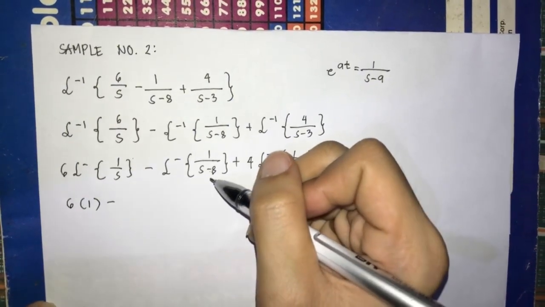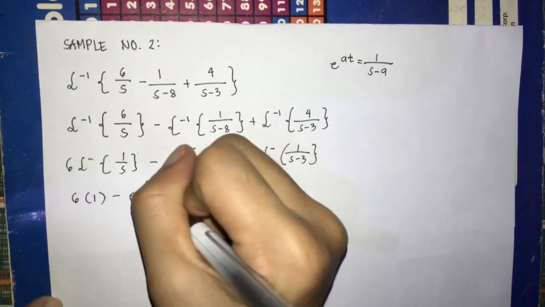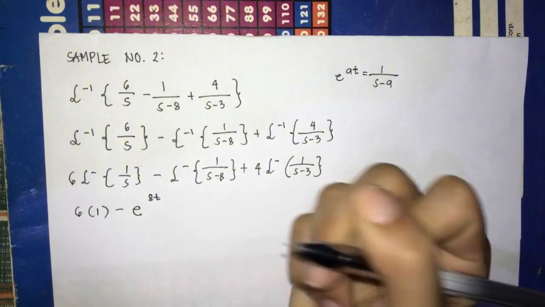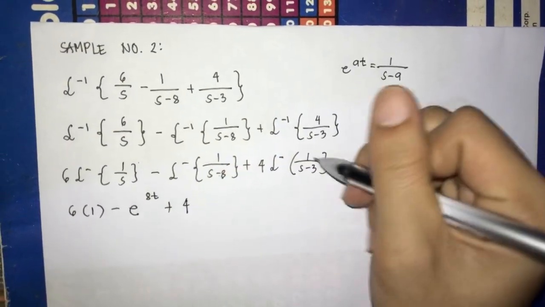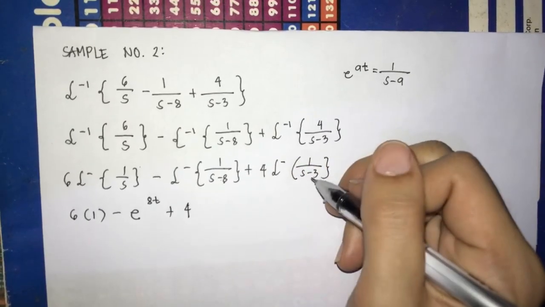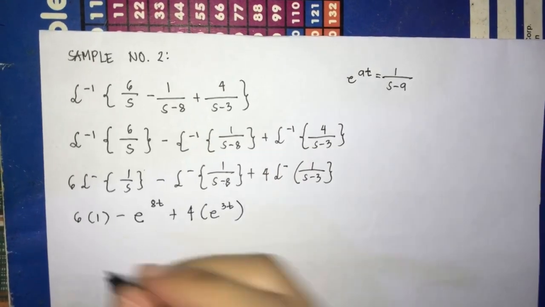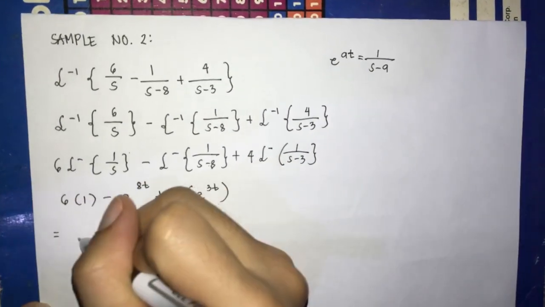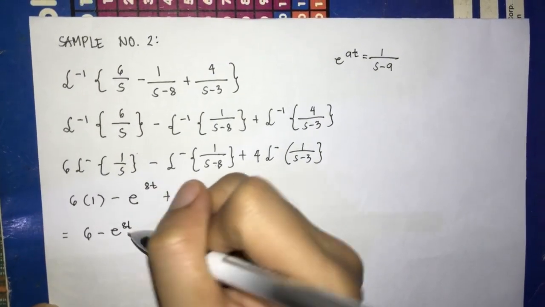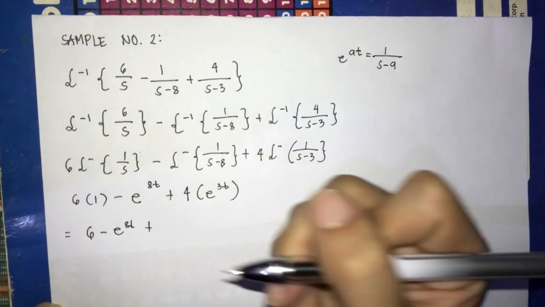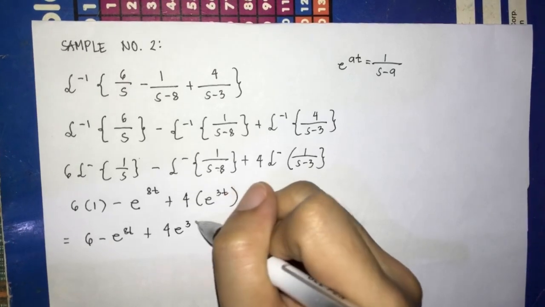So this inverse Laplace will be equivalent to e raised to 8t, plus 4 times the inverse Laplace of 1 over s minus 3, which is e raised to 3t. So our final answer would be 6 minus e raised to 8t plus 4e raised to 3t.